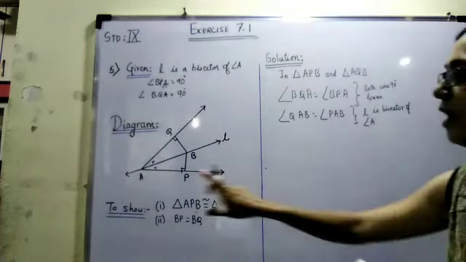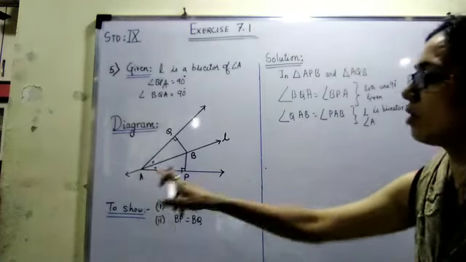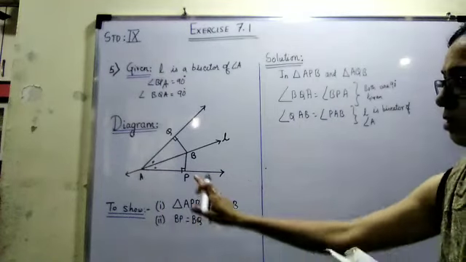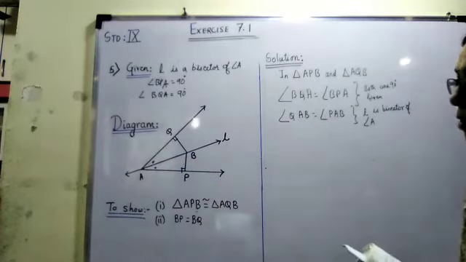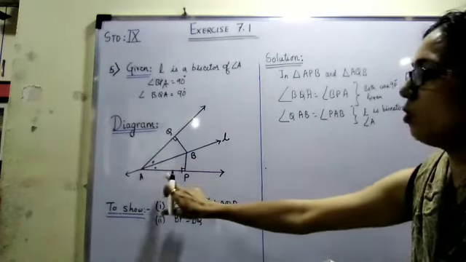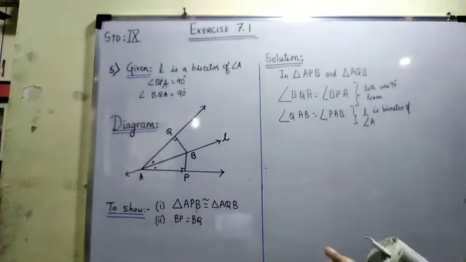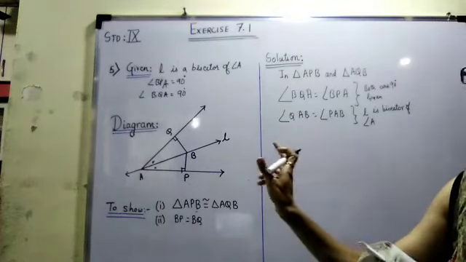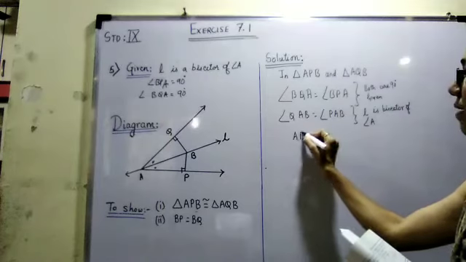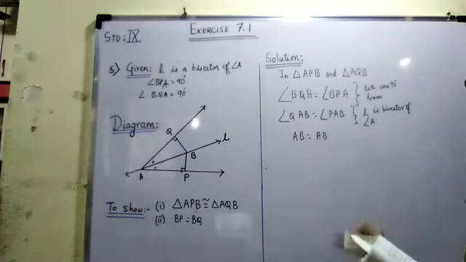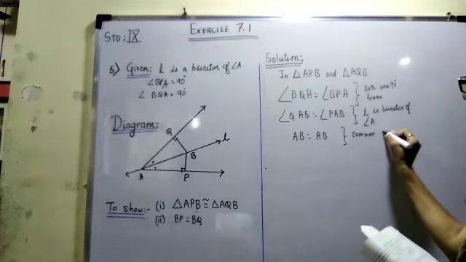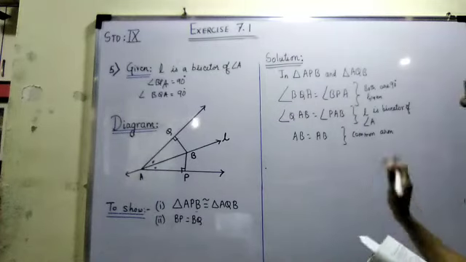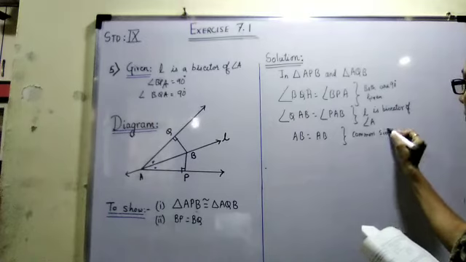Now either we have to prove that AP is equal to AQ or one more side. So if you see carefully, AB is the common one. I cannot show AQ is equal to AP because nothing is given, but I can see in the diagram that AB is the common side. So I will write down AB is equal to AB, which is the common side.